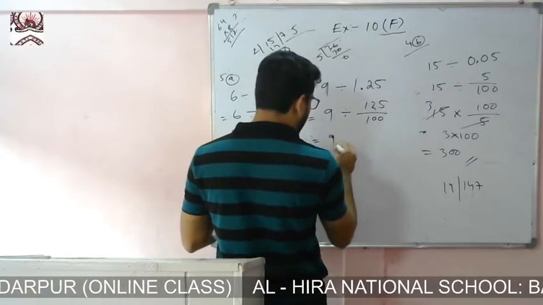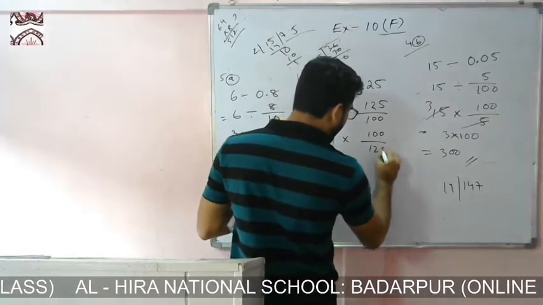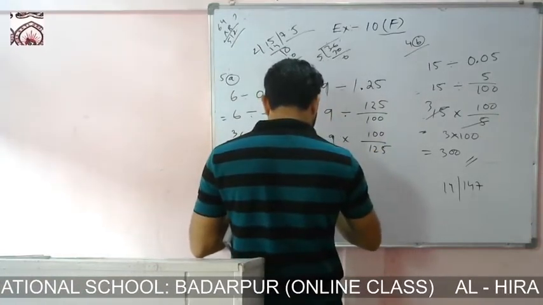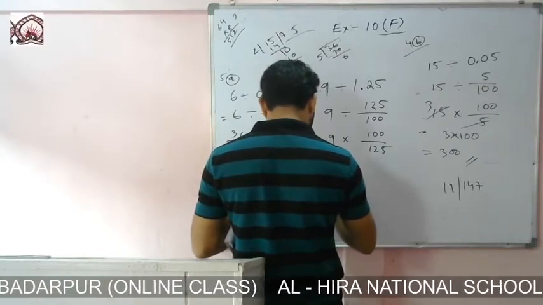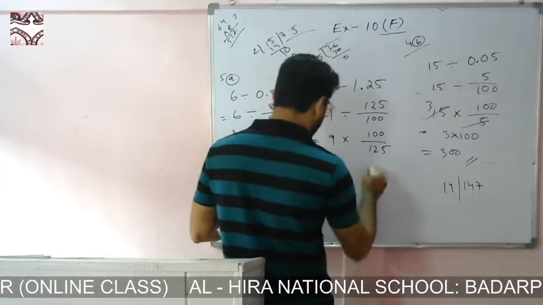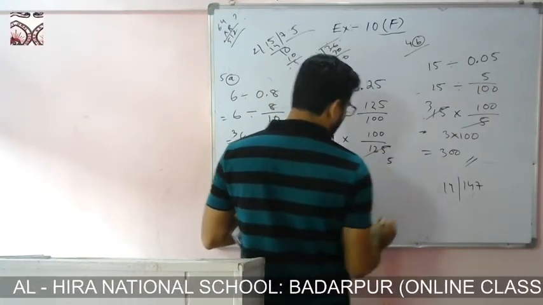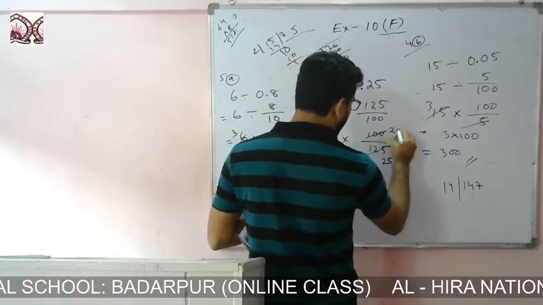Then 9 into 100 by 125. Okay. As we cancel, then 25. And if you cancel with 5, then you are getting 5 into 25 and 5 into 20.